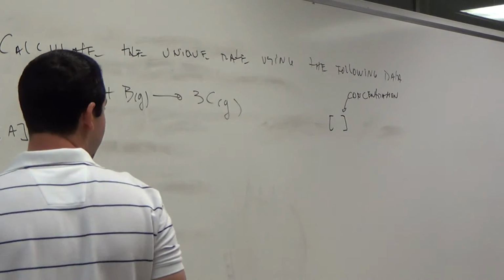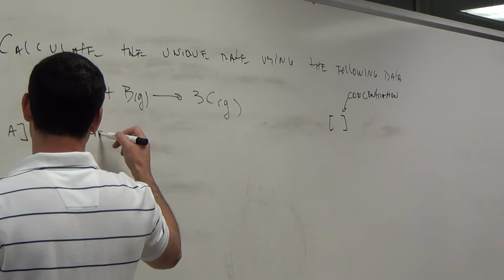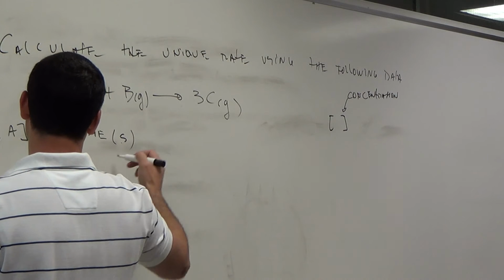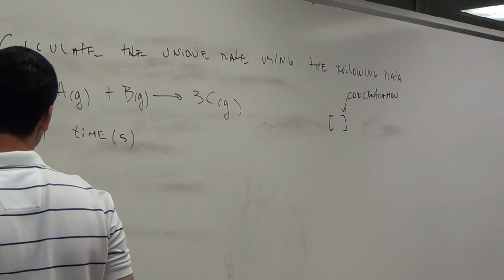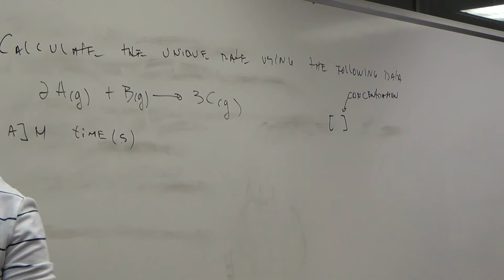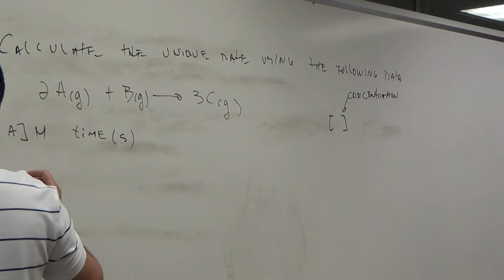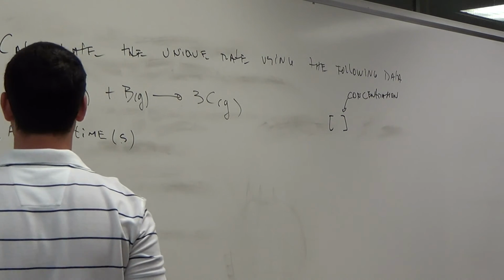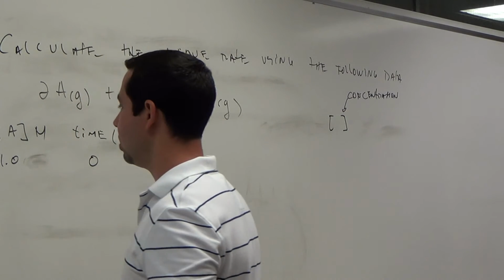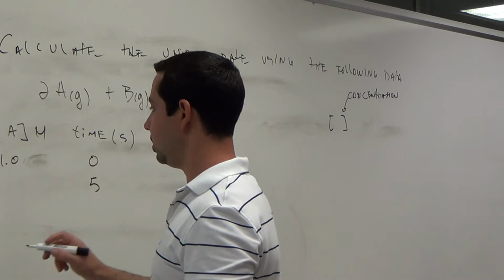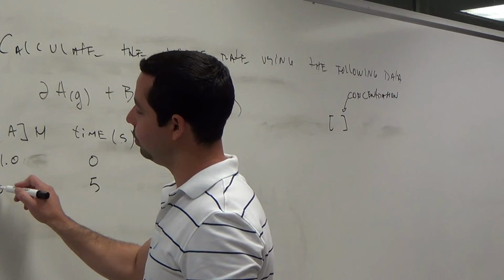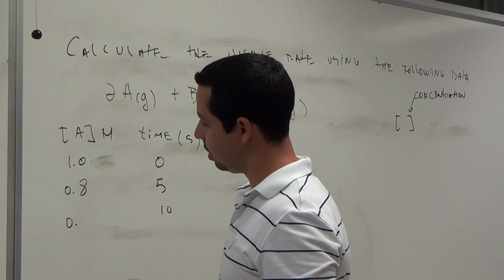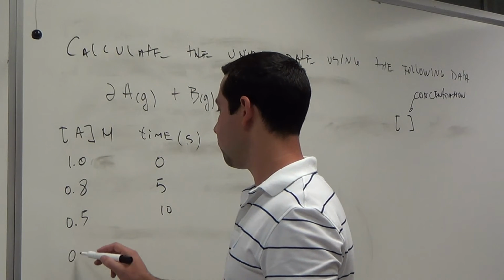So here's the concentration, and here's the time, in seconds. The concentration is in molarity, yes? Let's say at time 0 the concentration is 1.0. At time 5 the concentration is 0.8. At time 10 the concentration is 0.5. And this is 0.3.